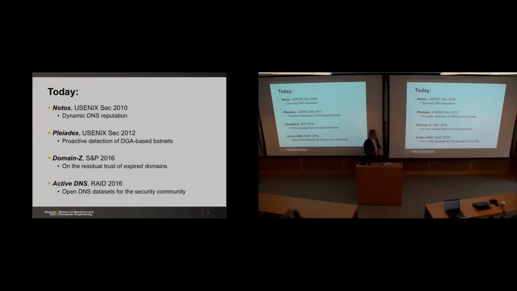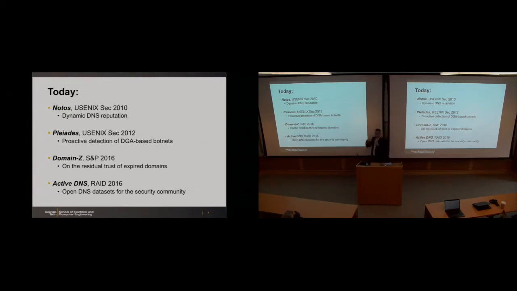Okay. The third paper will give you a sense of one of our latest works on the trust of a domain name, and how people can misuse that trust. A very simple way to think of this is that if a domain name is already trusted by the community, so for example, you trust google.com, am I right?